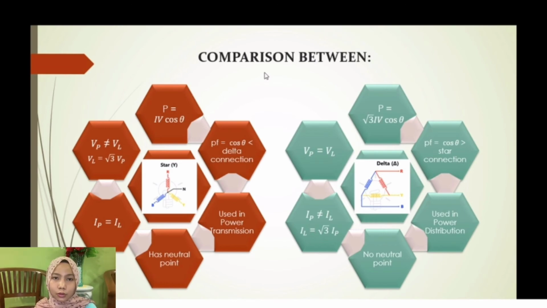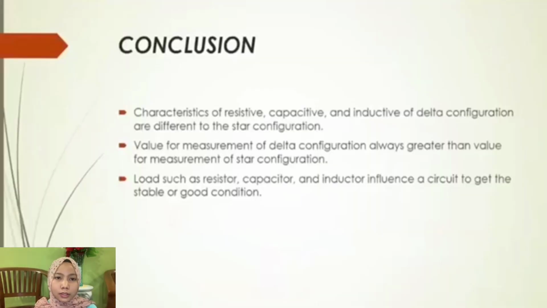For the last part, the conclusion. In this lab we can know the characteristics of resistive, capacitive and inductive loads in delta configuration, which are different from the star configuration.